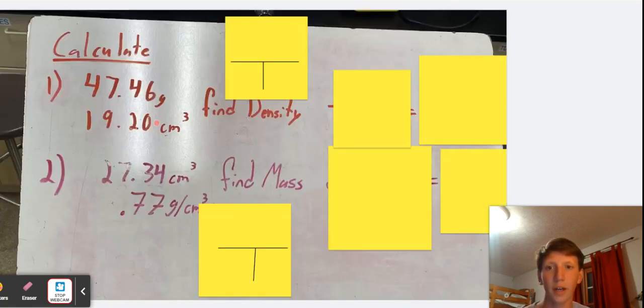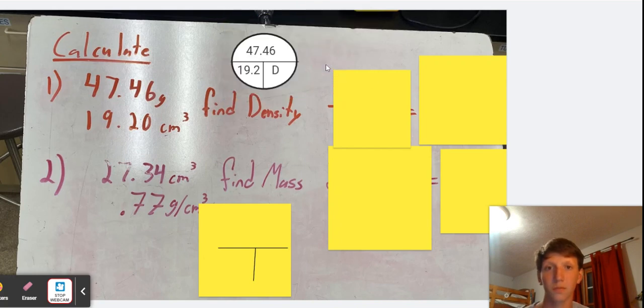So here I'm finding density, and I have 47.46 grams of a substance, and that substance takes up 19.2 centimeters cubed of space. So I'm going to set up my density circle, which looks like this.